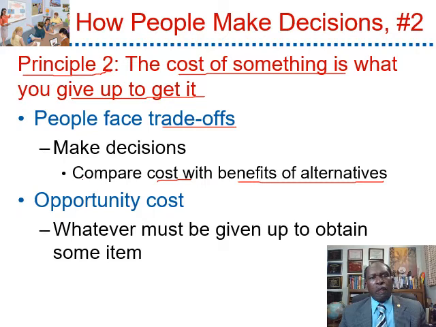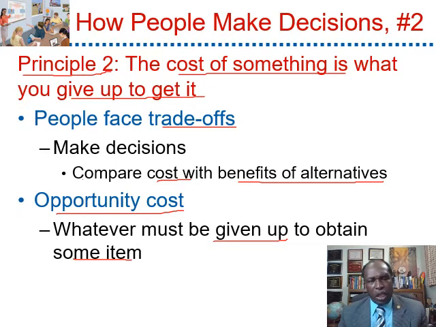So the trade-off can be measured by the opportunity cost. Opportunity cost is what must be given up to obtain something. For instance, what is the opportunity cost of attending college?